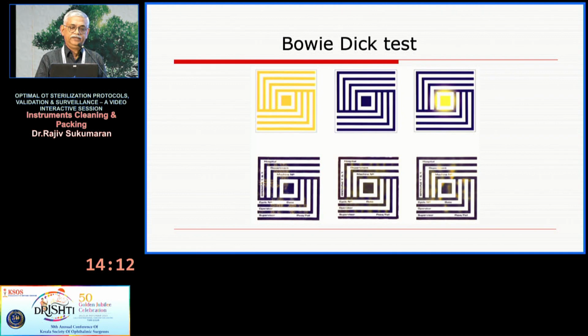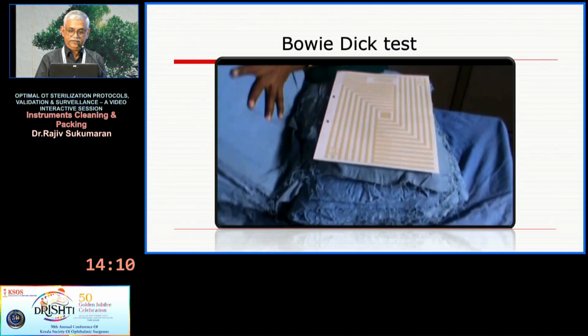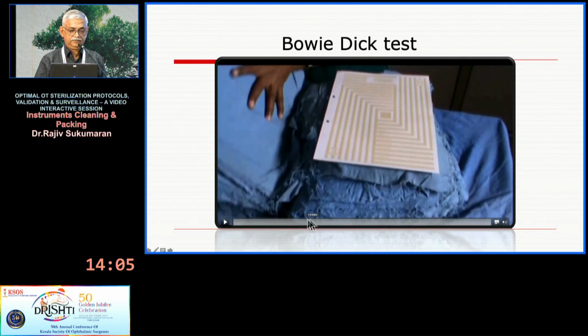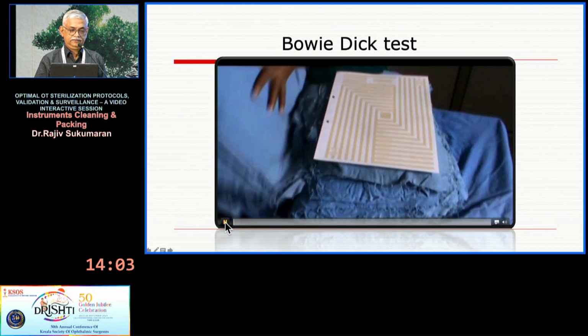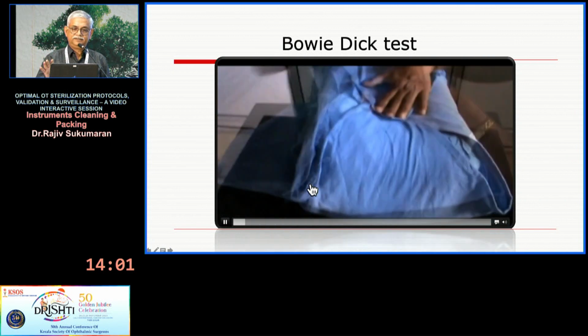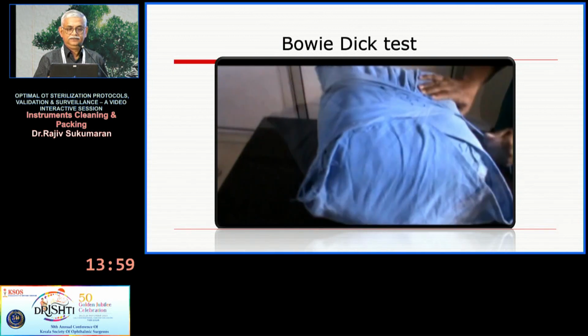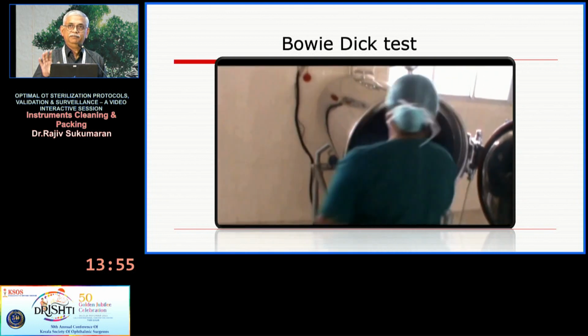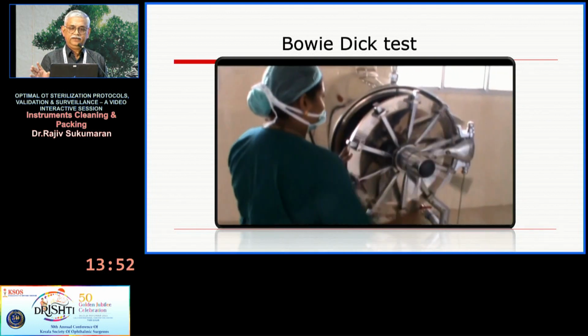Class 2 is Bowie-Dick. How Bowie-Dick is done is, the Bowie-Dick sheet is kept between sheets like this, packed like that, and run in an empty load. No other load should be there, only these packs.